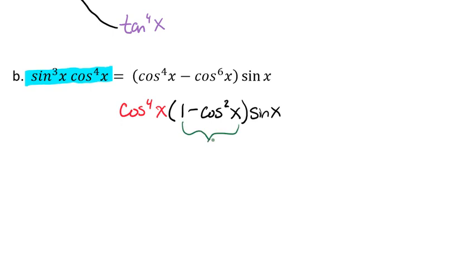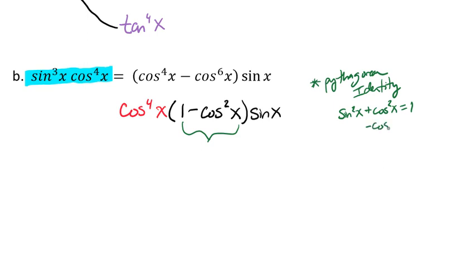Now, using the Pythagorean identity, sine squared of x plus cosine squared of x equals 1, we can manipulate that so that if we subtract the cosine squared of x from both sides, we'll see that the sine squared of x equals 1 minus our cosine squared of x.